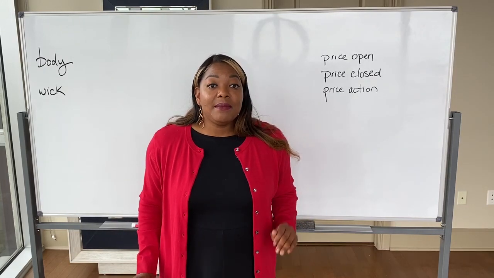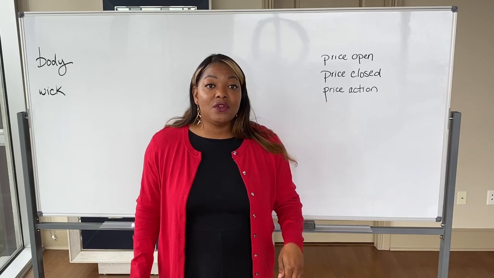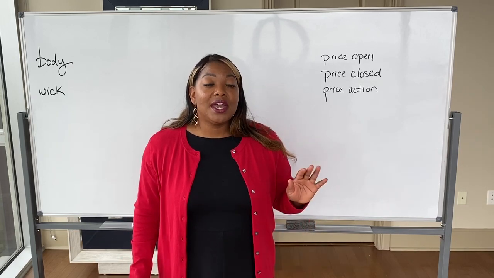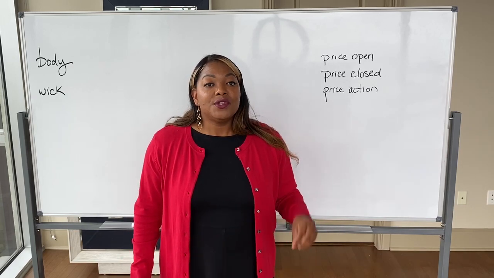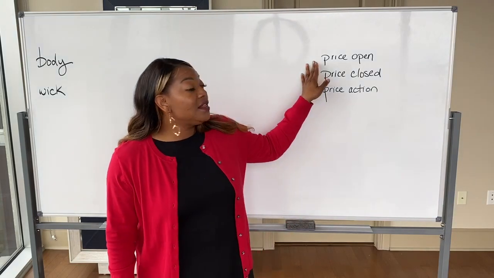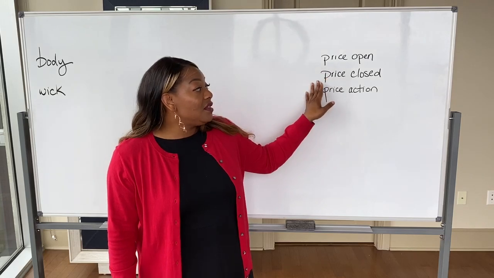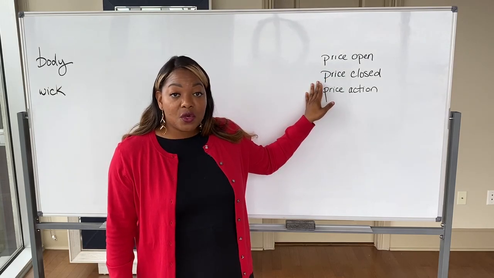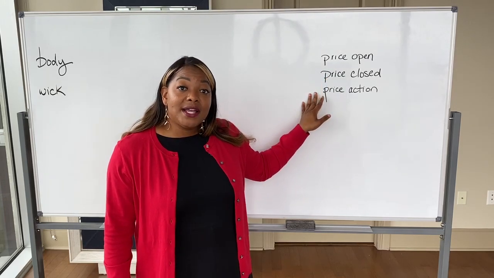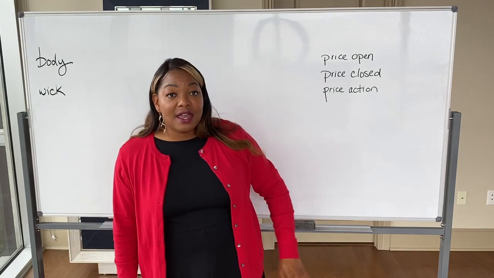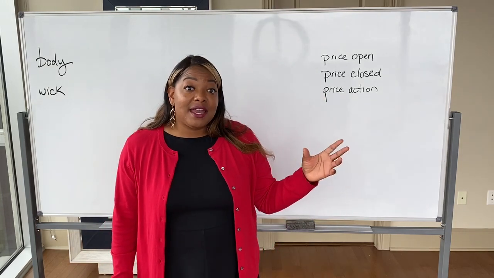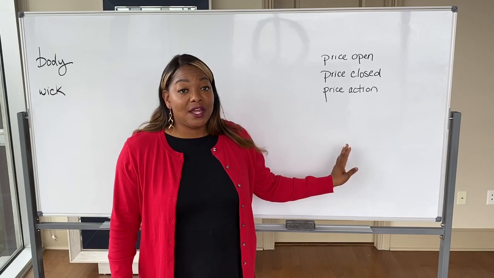So what does that mean? That means we're looking at a full day of the market. It tells us where the stock price opened when the market opened that day, where it closed when the market closed, and where the price action was throughout that day. That's because we're looking at daily candles.